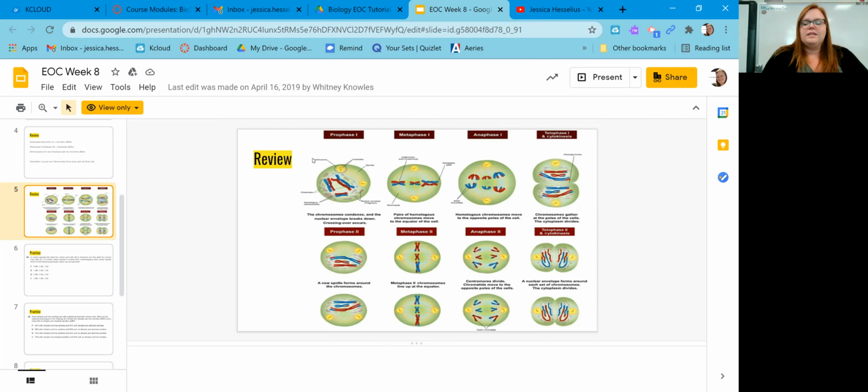Diploid and haploid, these are the words that we use to describe the amount of chromosomes in a cell. And I'm going to use humans as the example. So our human diploid number of chromosomes is 46. So you get 23 of your chromosomes from your mom and 23 of your chromosomes from your dad.